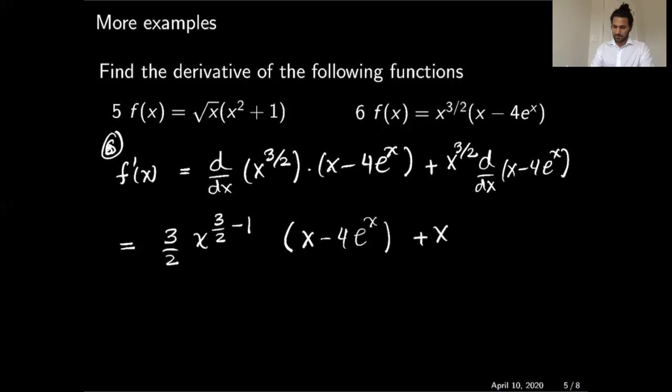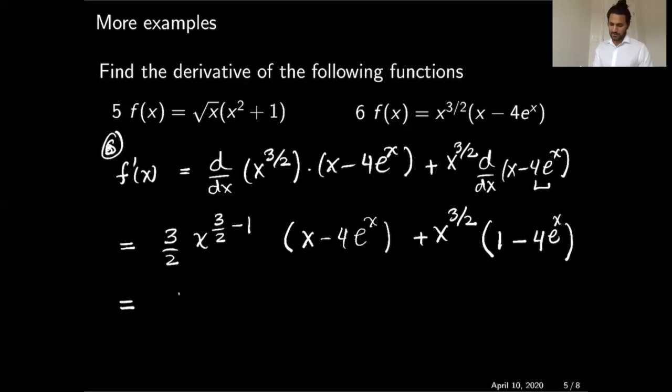And the second term we will do is, we keep 3/2 as it is, we will take the derivative of this. Since we know the derivative of a subtraction of two functions is the subtraction of the derivatives, we calculate the derivative of x, which is 1. Derivative of a constant times a function is the constant multiplied by the derivative of the function. So 4 times derivative of e to the power x is just e to the power x.